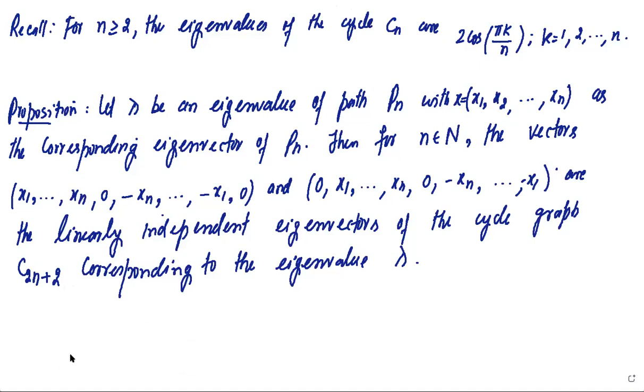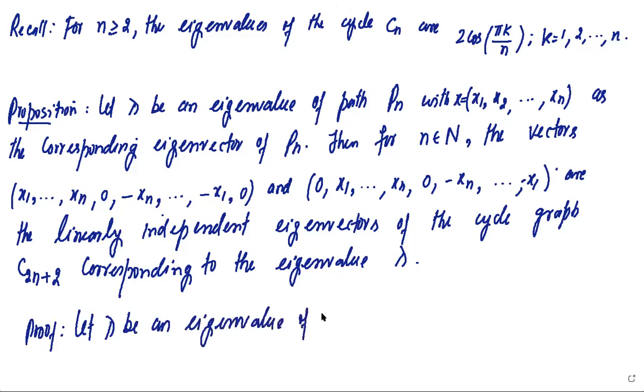Now let us do the proof of this result. In the proof, let lambda be an eigenvalue of the adjacency matrix of Pn, that is A of Pn, and let x equal to x1 through xn be the corresponding eigenvector.